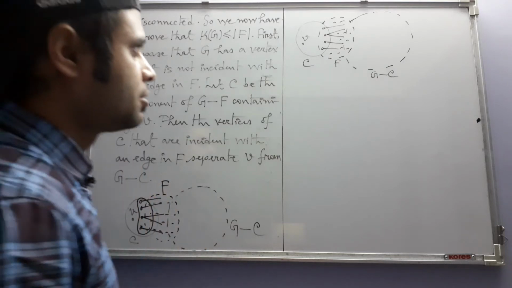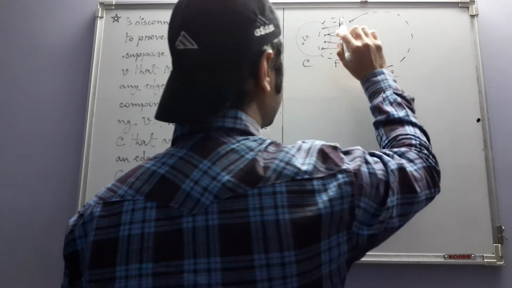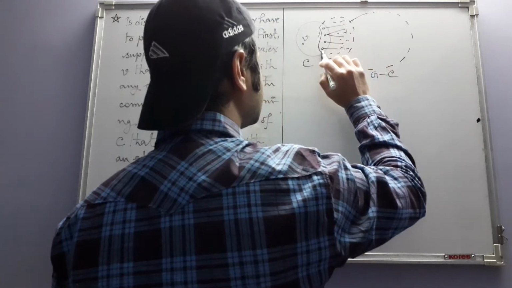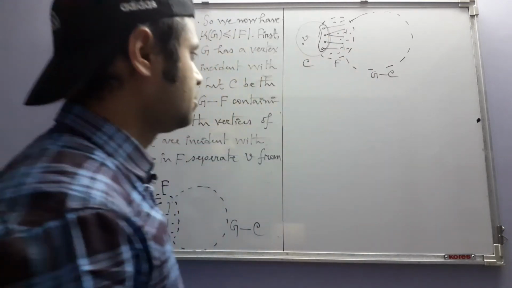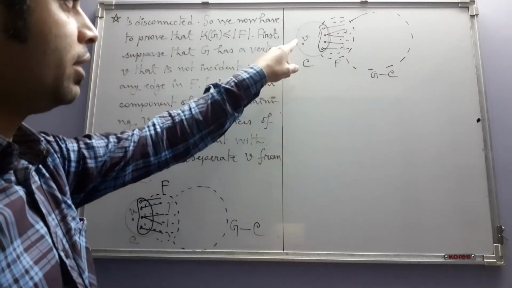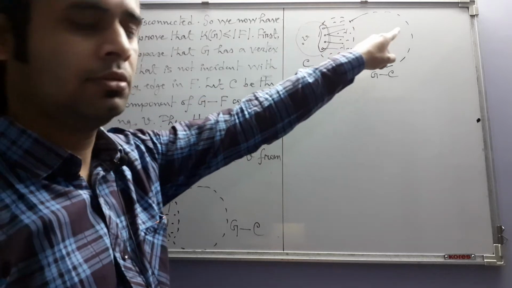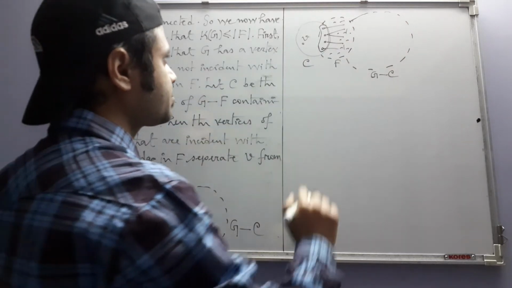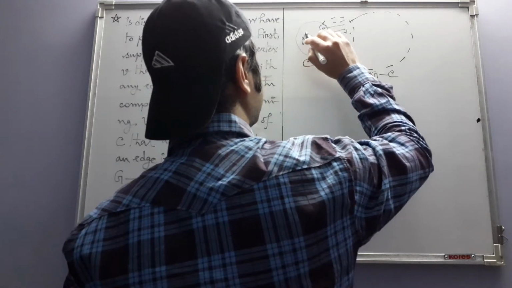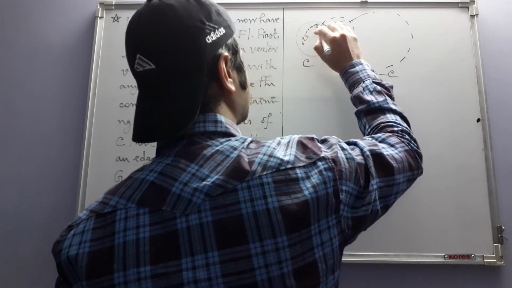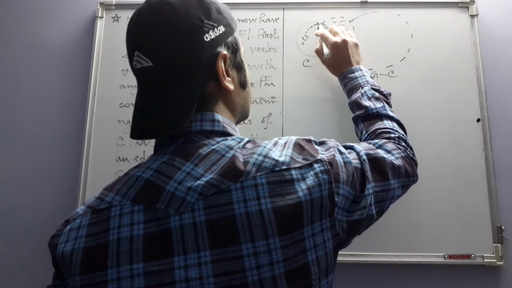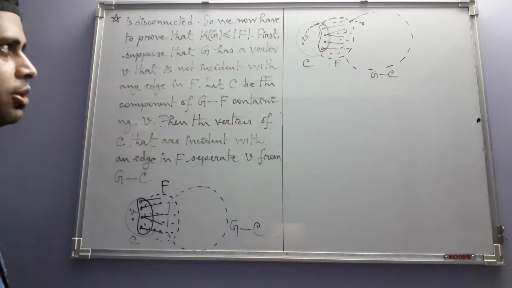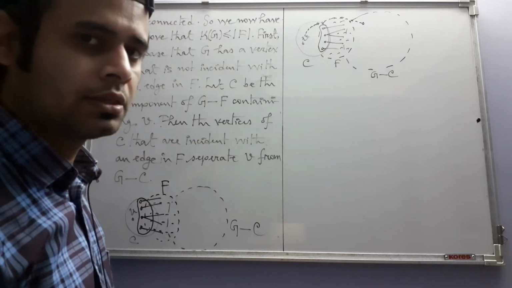That means that even after removing these vertices, there should be a way of going from V to the part G minus C. So there should be a path like this, going from V to G minus C.